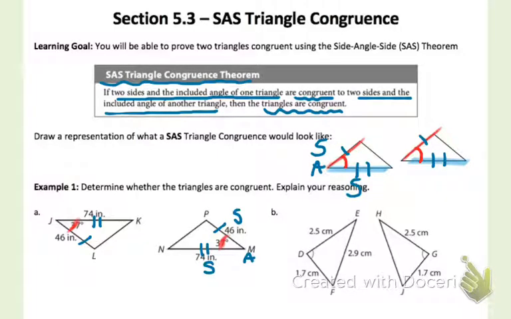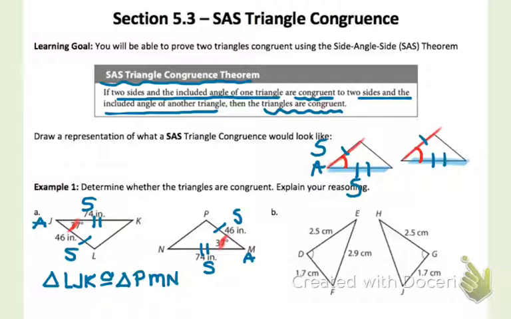You can see we have the same thing in both. We have two sides and the angle that's between them, SAS. If I wrote a triangle congruence statement, I could say triangle LJK is congruent to triangle, well, L corresponds to P over here, so that would be P and then MN. However you start and name the first triangle, you just have to make sure you name the second triangle in the same order.